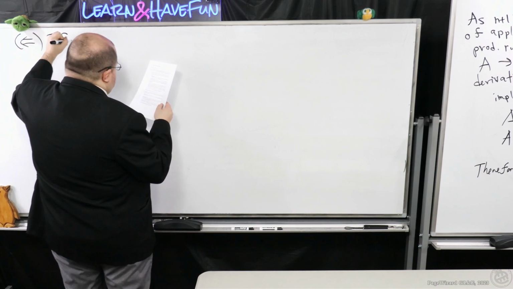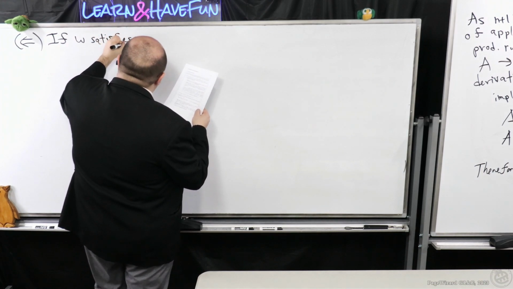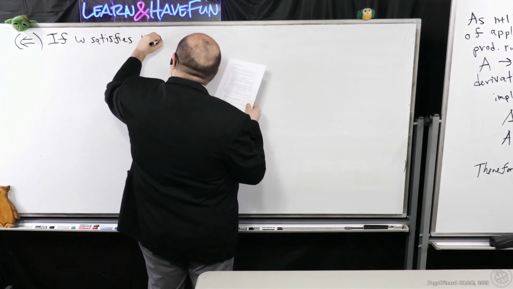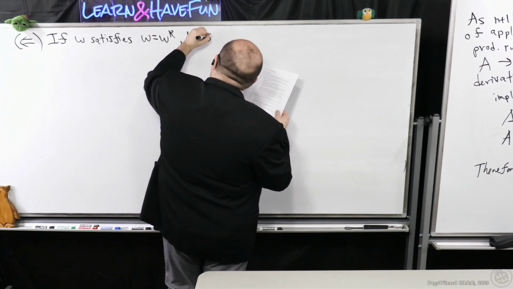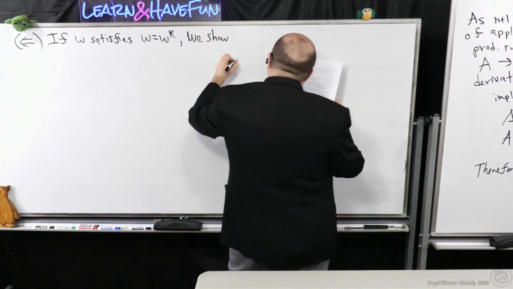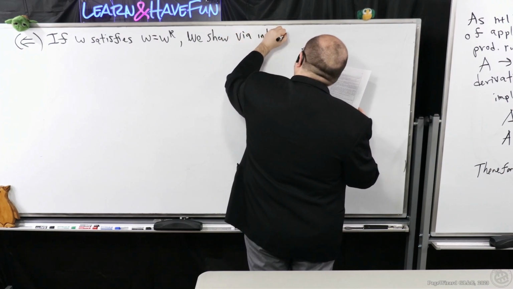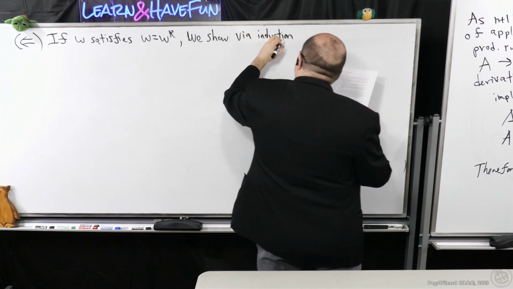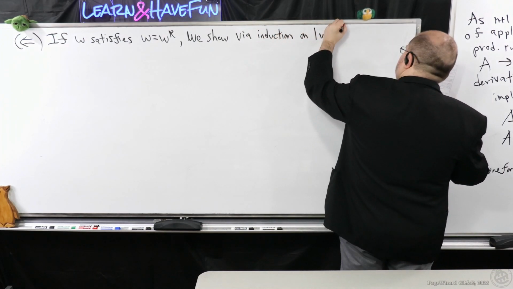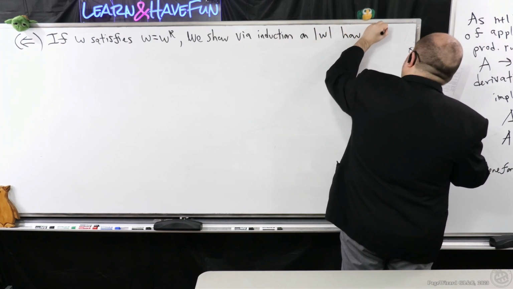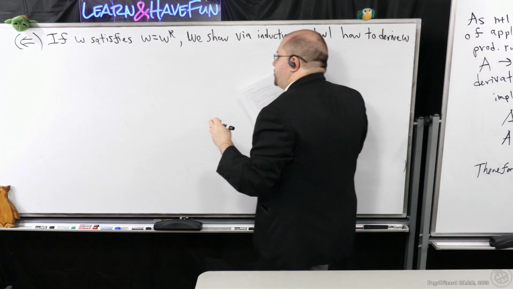If W satisfies W is equal to W reverse, we show via induction on the length of the string W, how to derive W using production rules of GP.